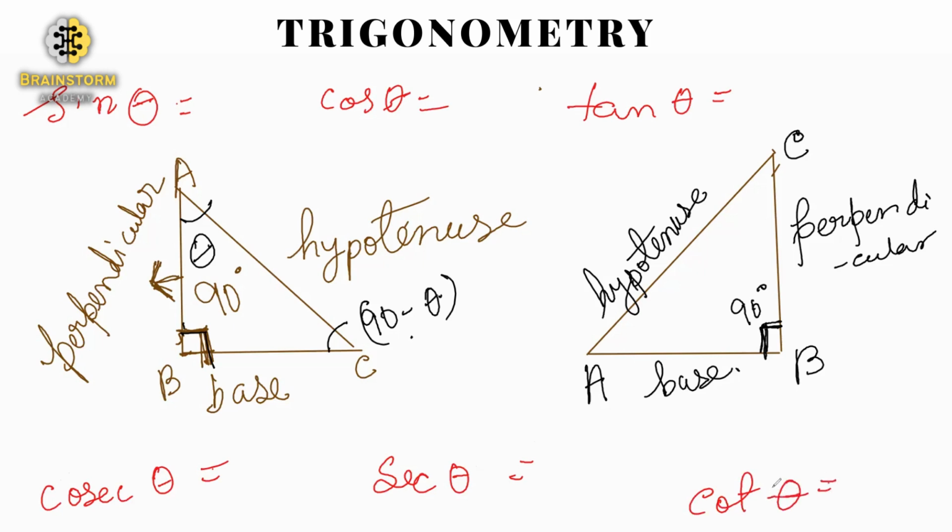So these are the different terms that we use in trigonometry: sine theta, cos theta, tan theta, cosec theta, sec theta, cot theta. Okay, is this part clear?